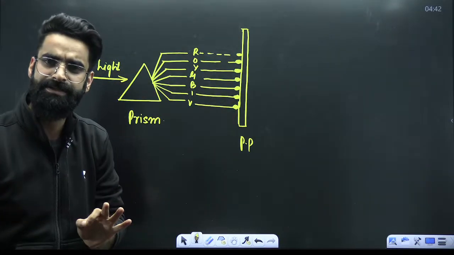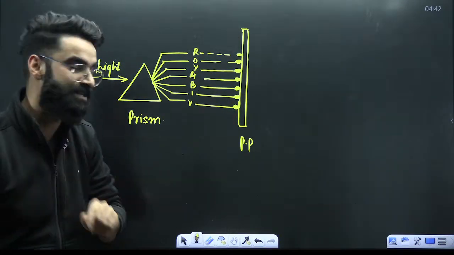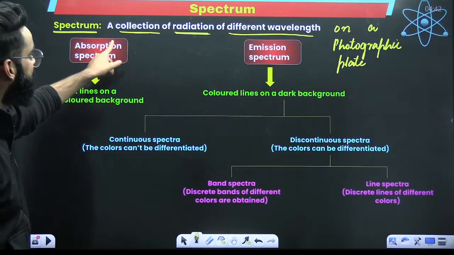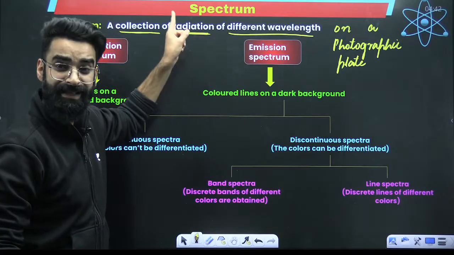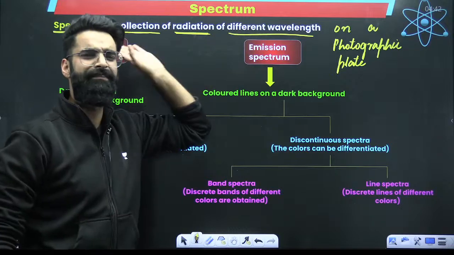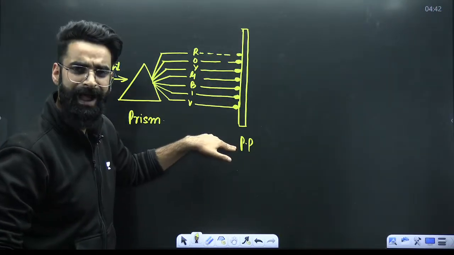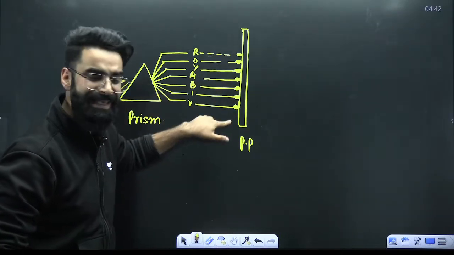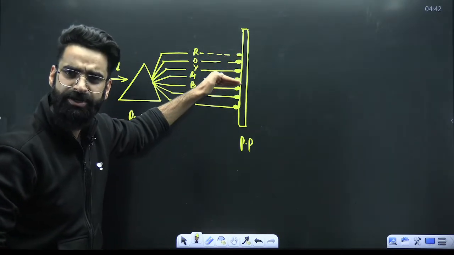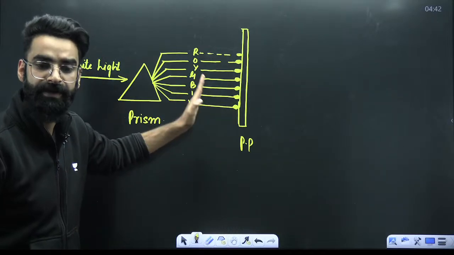And my dear students, what is a spectrum basically? What is a spectrum? It is the collection of radiations of different wavelengths on a photographic plate. So over here I had taken a photographic plate, and on the photographic plate, what did I get? I got the collection of radiations over here which have got different wavelengths.